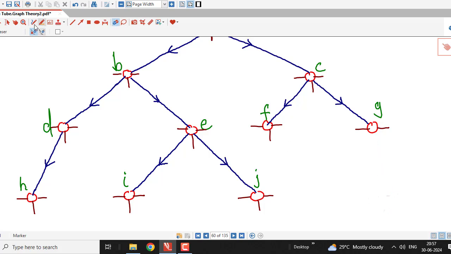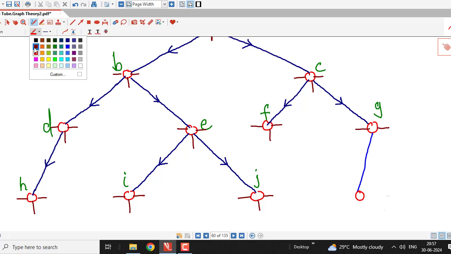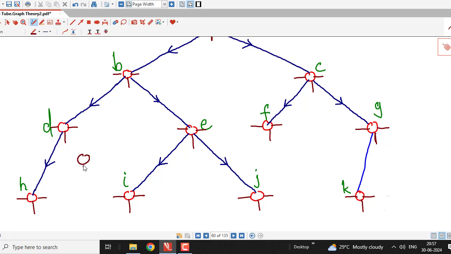If I have only one child, then I can consider it as a left child, and here I rewrite it in this way, and this child was given the name K, so that I don't have a problem marking this line. Here also the same thing: only one edge is there, so we consider this H as the left child of this parent D. There is no problem if you write your edge in this way or in that way, both are the same thing.